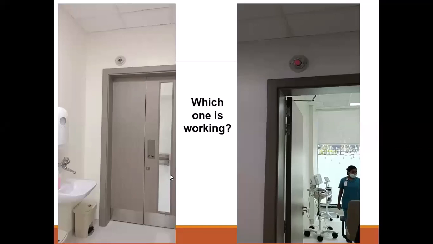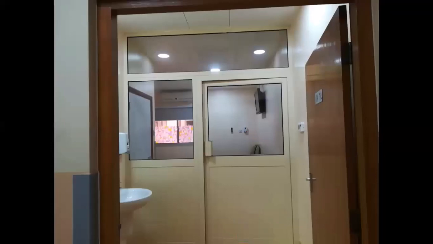So in KHAMH, if the door is open, the ball will be red. You can notice the red color, which means you have to close it. The door has to be always closed to maintain the negative pressure. Okay.